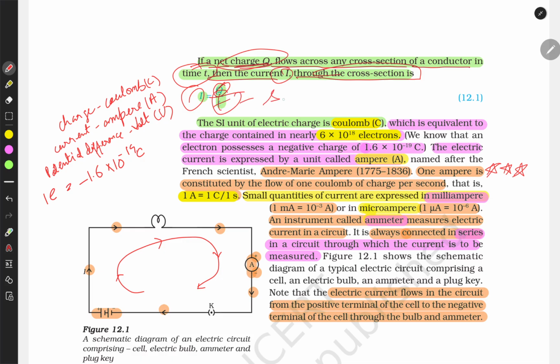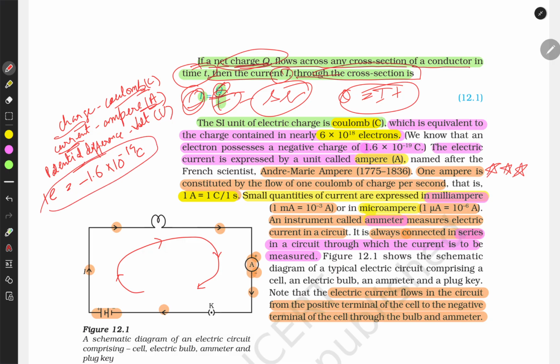We will measure time in seconds. So the formula is electric current I equals q upon t, where the charge we express in coulomb, the current is expressed in ampere, and the potential difference that we will discuss later is in volt.